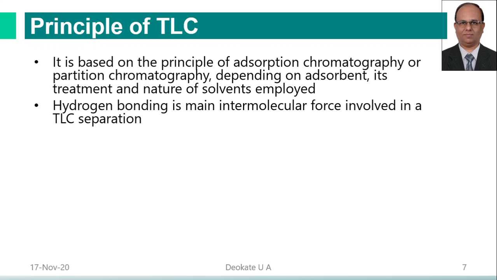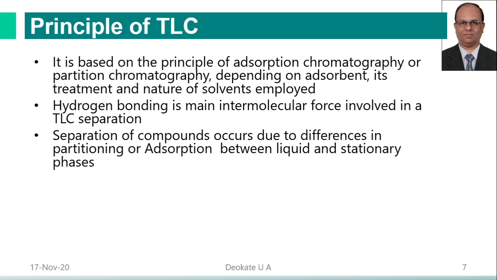So the main principle is again hydrogen bonding, the main intermolecular force involved in TLC separation. Separation of compounds occurs due to difference in partitioning or adsorption behavior between the liquid and stationary phase.